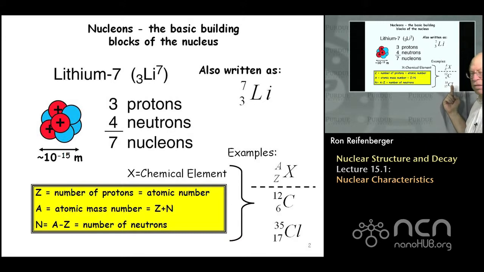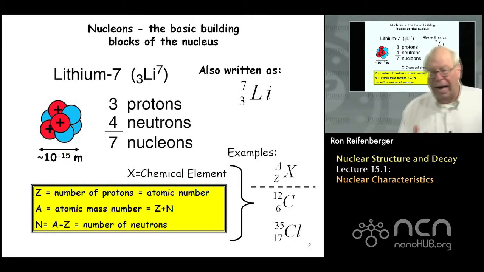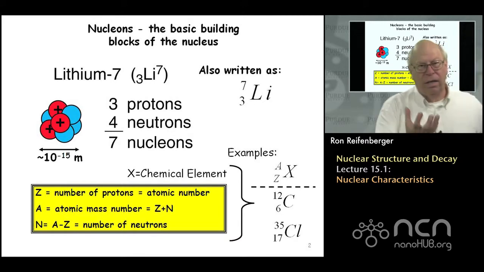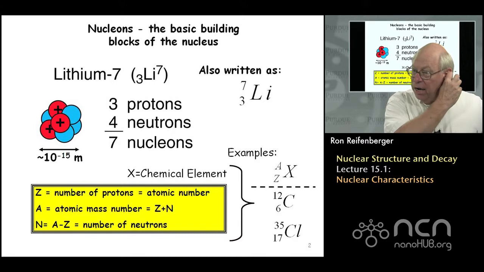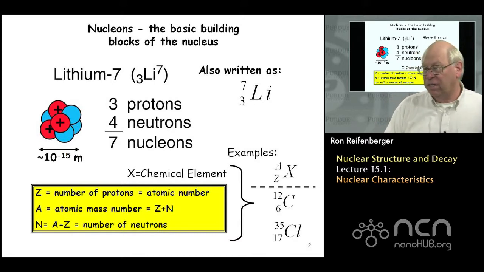So it's going to have 17 protons, and this particular nucleus of chlorine has an additional 18 neutrons to give you an atomic mass number of 35. So it's important for you to know how the nuclei are named and what the symbols represent when we discuss different nuclei.